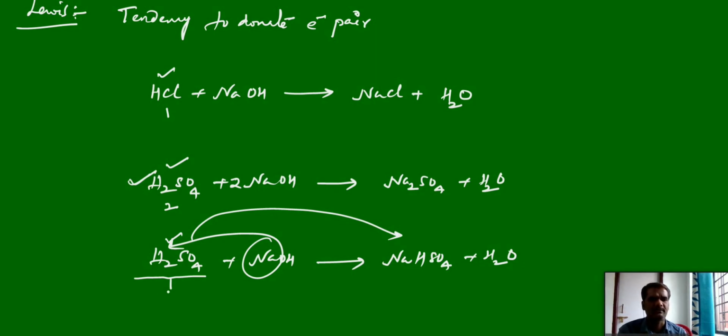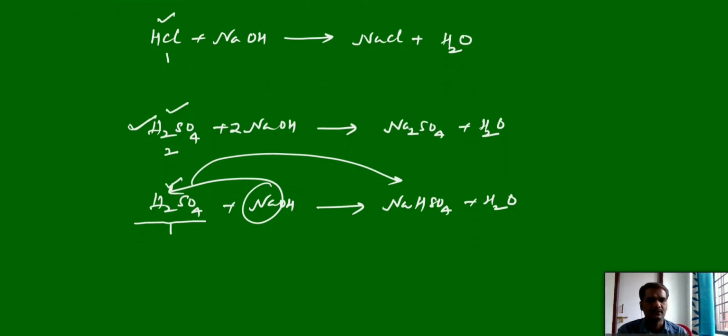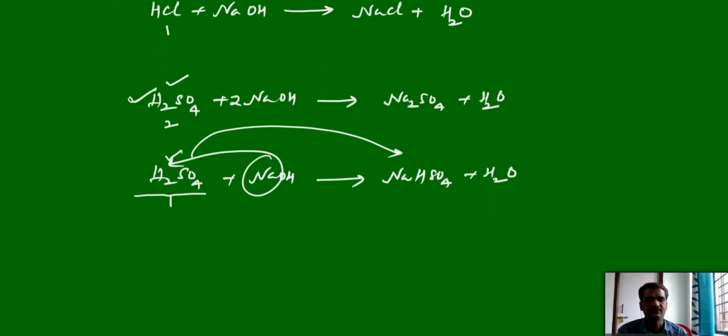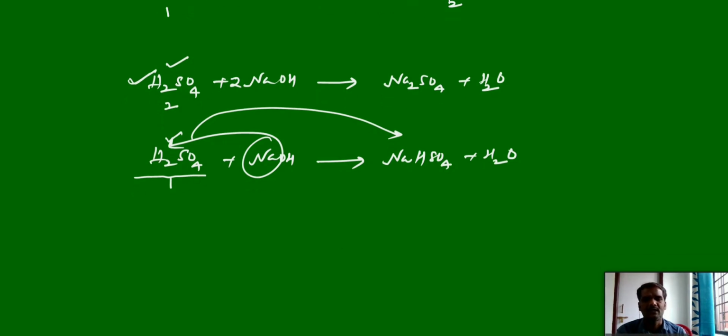In general, if you ask what is the basicity of H2SO4, we can say 2, but with conditions, with some given reactions. If they ask what is the basicity, you have to see how many protons are replaced in that particular reaction, that is its basicity. Understood this?